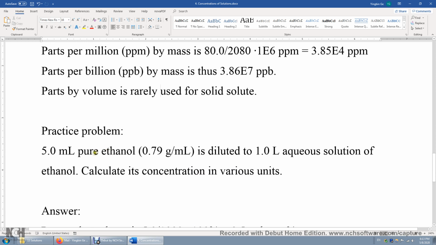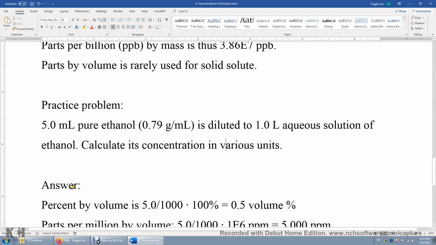Another practice problem, let's dissolve a liquid in water. So let's say 5.0 milliliters of pure ethanol with this density. I'm going to dilute this into 1.0 liter of aqueous solution of ethanol, by adding water into this. I need to add a lot of water into ethanol. Now let's calculate the concentration of the diluted solution.